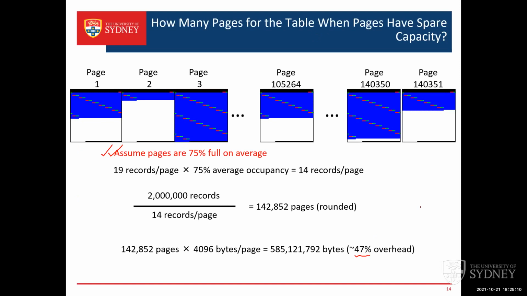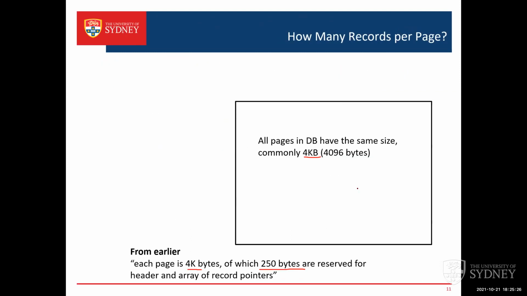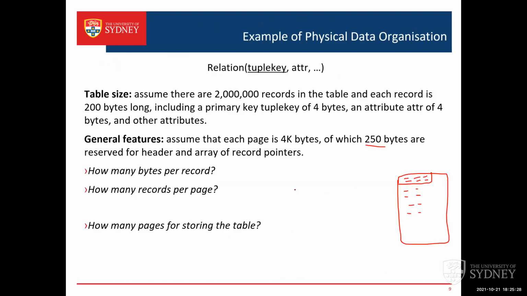Yeah, that's what the initial space calculation is. How many pages we need, how many records we can store in a page. Any questions? Someone is asking, is there any calculation like this in the final exam? Yep. There could be something like this in the final exam. You will have table size, you will have general features, and it might be asking something like this: how many bytes per record, how many records per page, how many pages for storing the table, let's say.